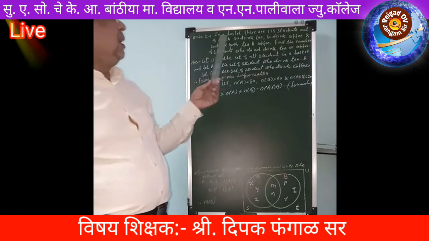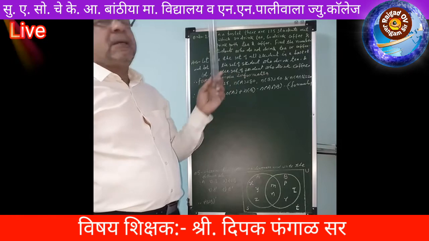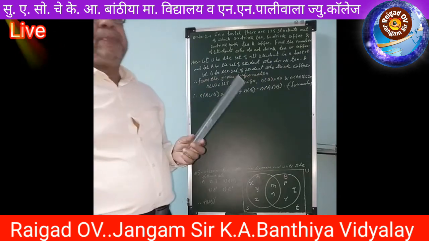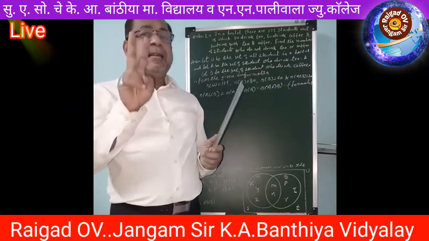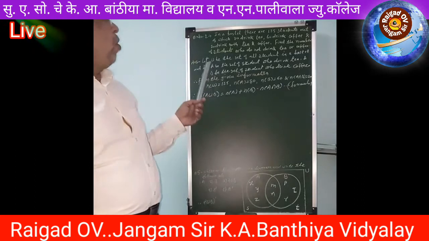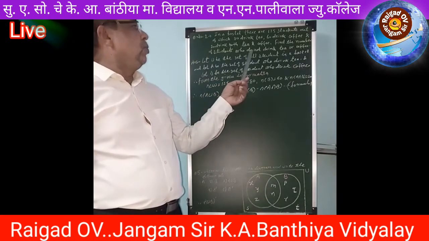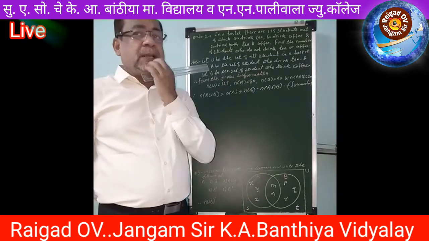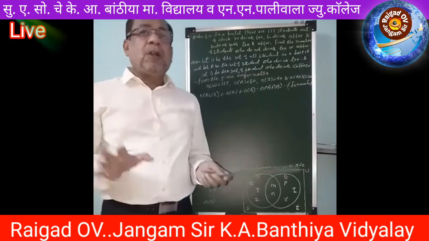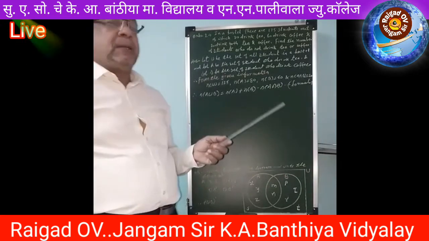Out of them 80 students drink tea, 60 students drink coffee and 20 students drink both tea as well as coffee. So how many students do not drink tea or coffee?